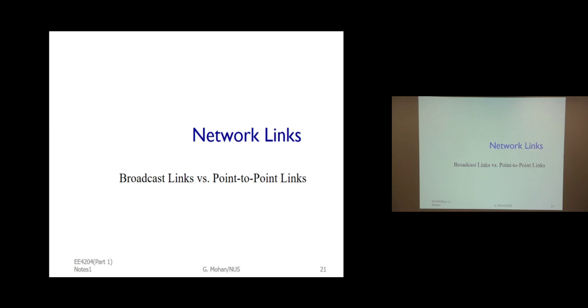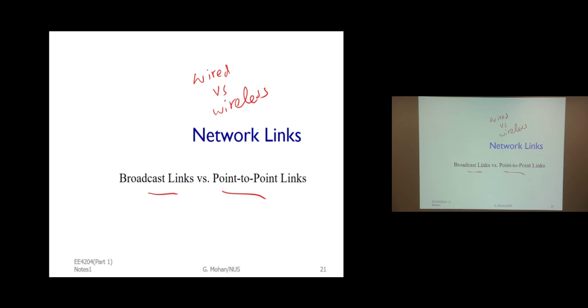A link could be wired versus wireless. There's another way of looking at links: the link could be a broadcast link or a point-to-point link. So we can look at it from different perspectives.